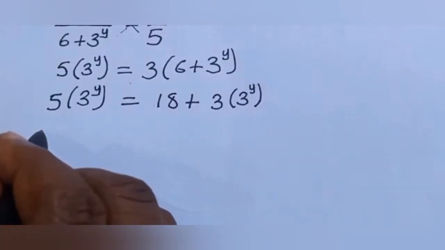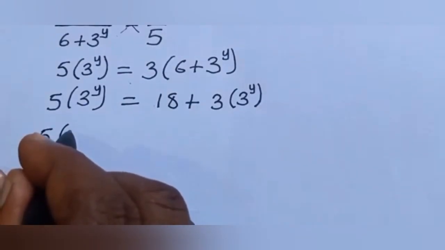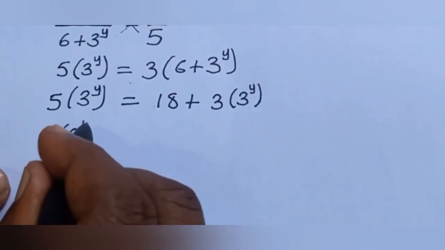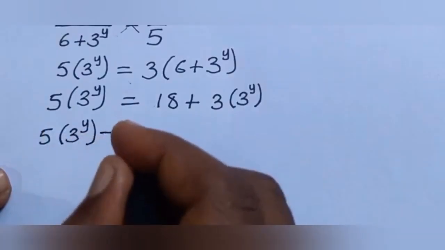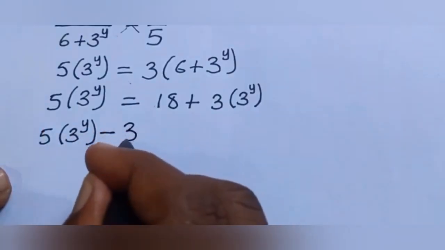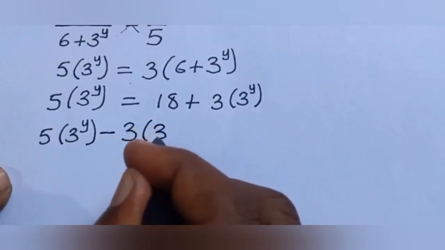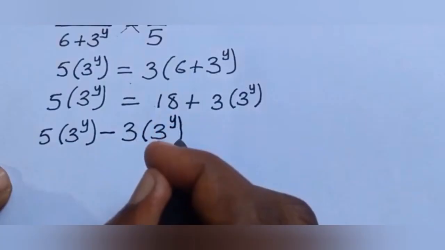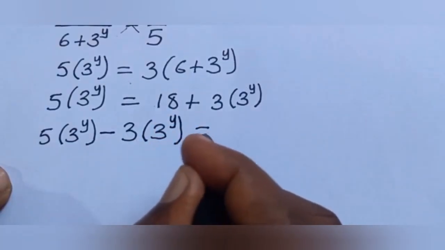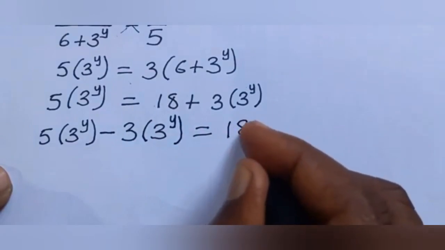We have 5 in the bracket 3 raised to power y minus 3 in the bracket 3 raised to power y, equals 18.